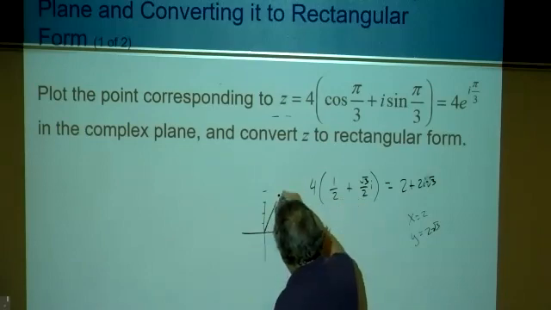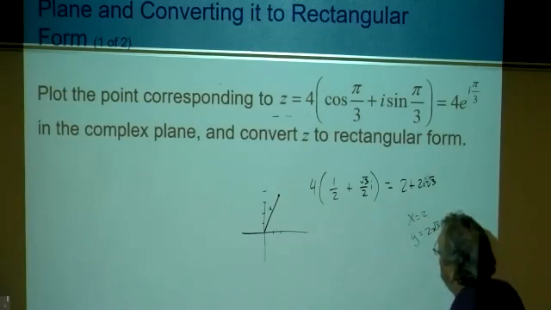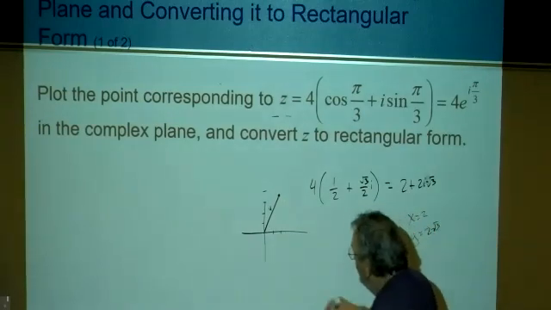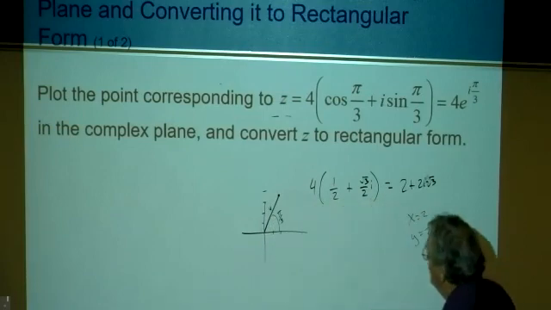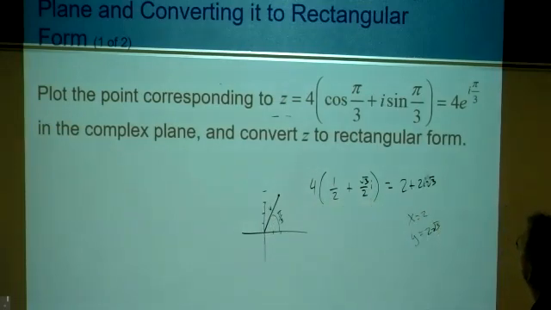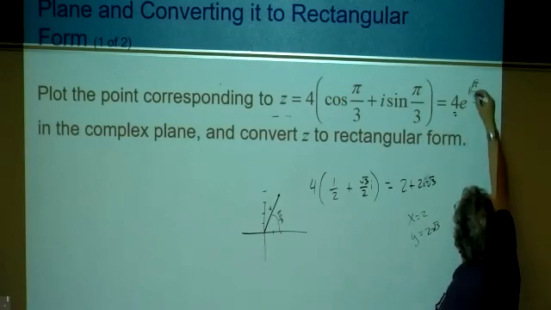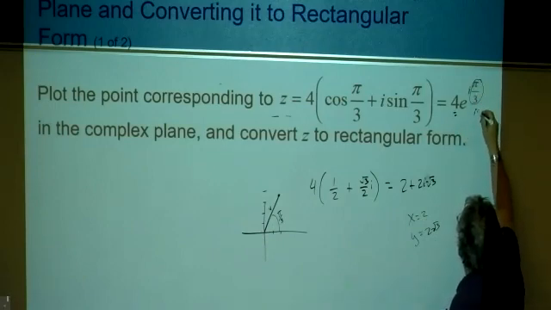And this is 4 units long. And this is the angle pi over 3. We have the radius, and we have the angle, and we have r.